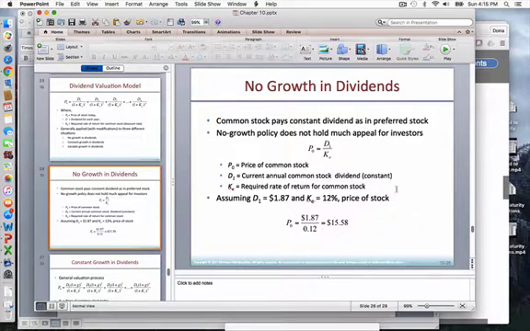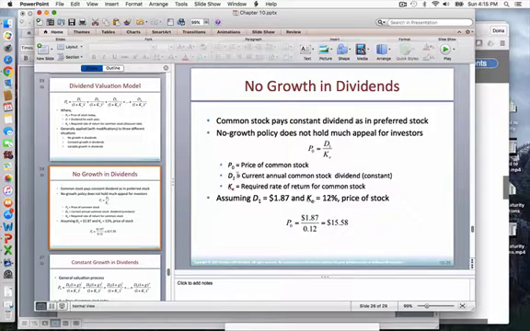It's basically the same formula that we had for calculating the price of preferred stock. They use different notations just because it refers to common stocks rather than preferred stocks, but the mathematical calculation is the same.